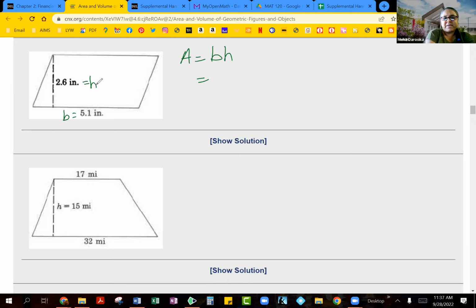So 2.6 becomes the height, and 5.1 becomes the base. So what will this come out to be? And again, I need everybody to share their answer just so that I know you guys are comfortable doing this math over here. We're doing inches, so this should be squared inches.